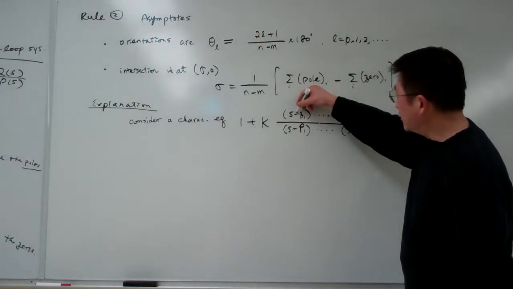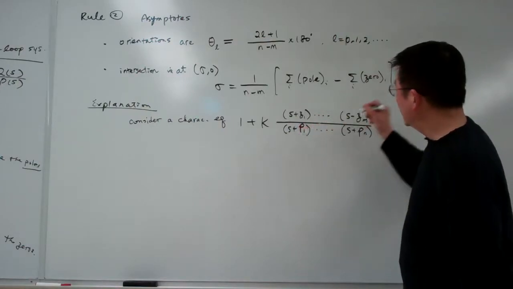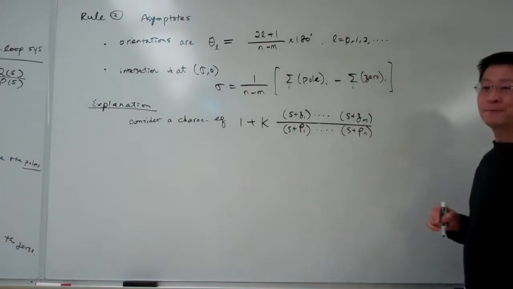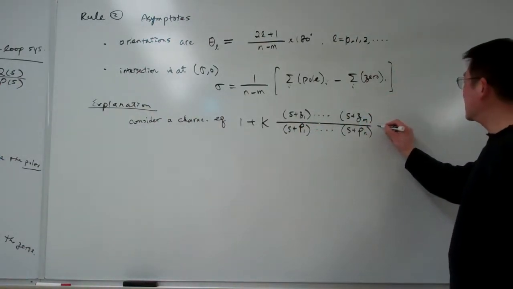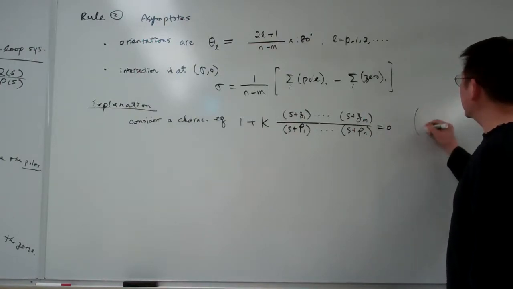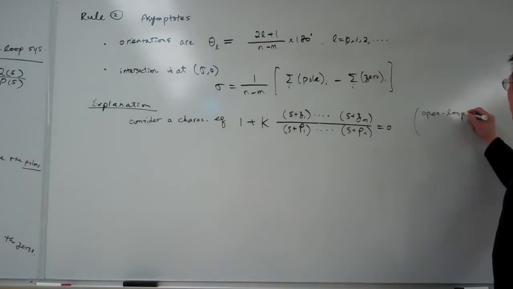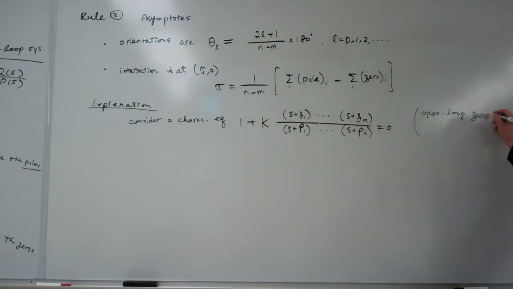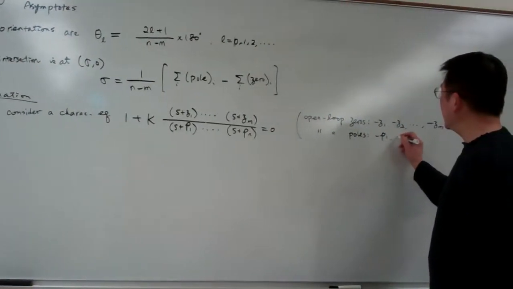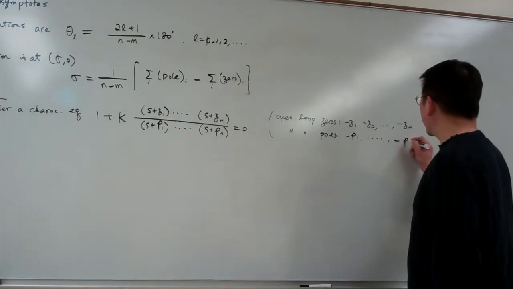and so on. Allow me to follow up with my lecture notes. Here I use a sign, so that this is equal to 0. That means the open loop zeros are at minus Z1, minus Z2, etc., up to minus Zm, and the open loop poles are at minus P1, etc., up to minus Pn.